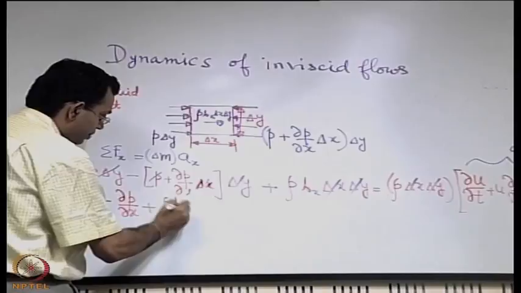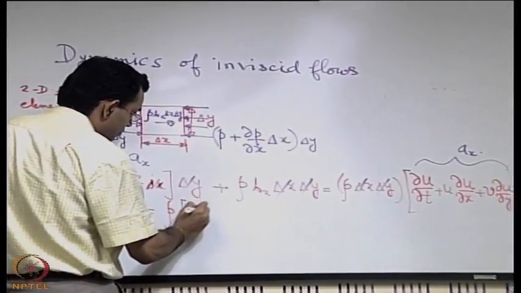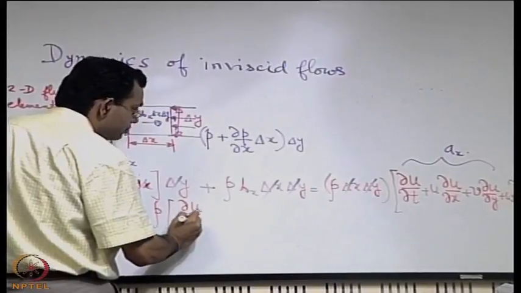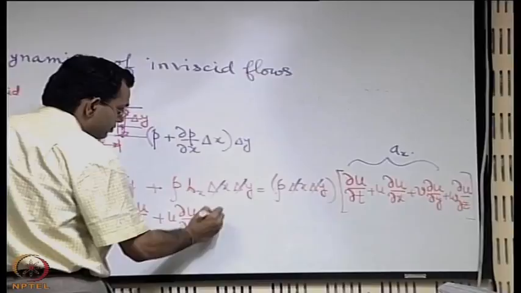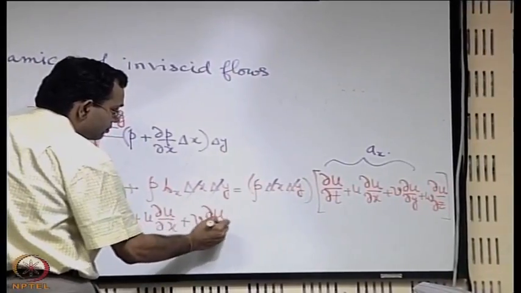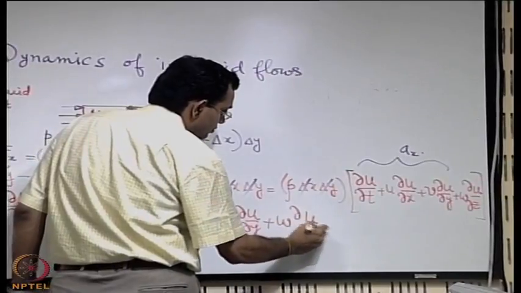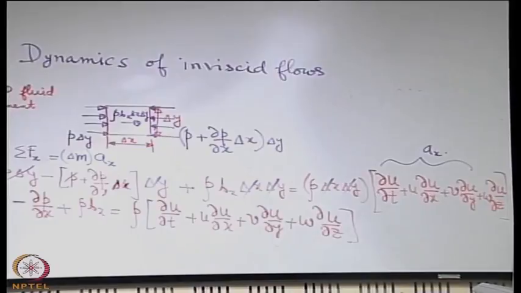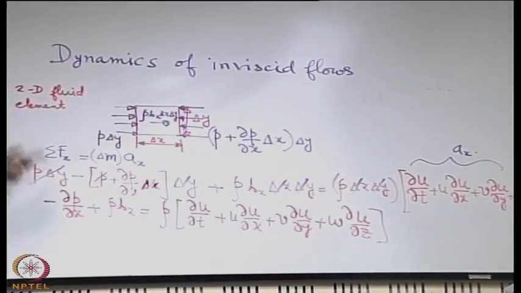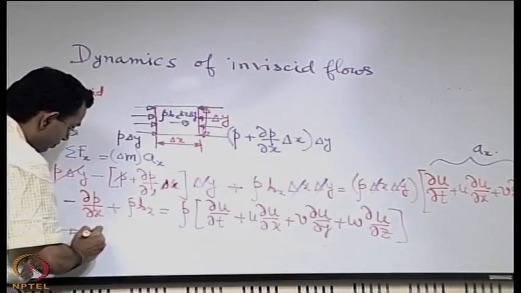plus rho bx is equal to rho, this very simple expression is also known as Euler's equation of motion along x.